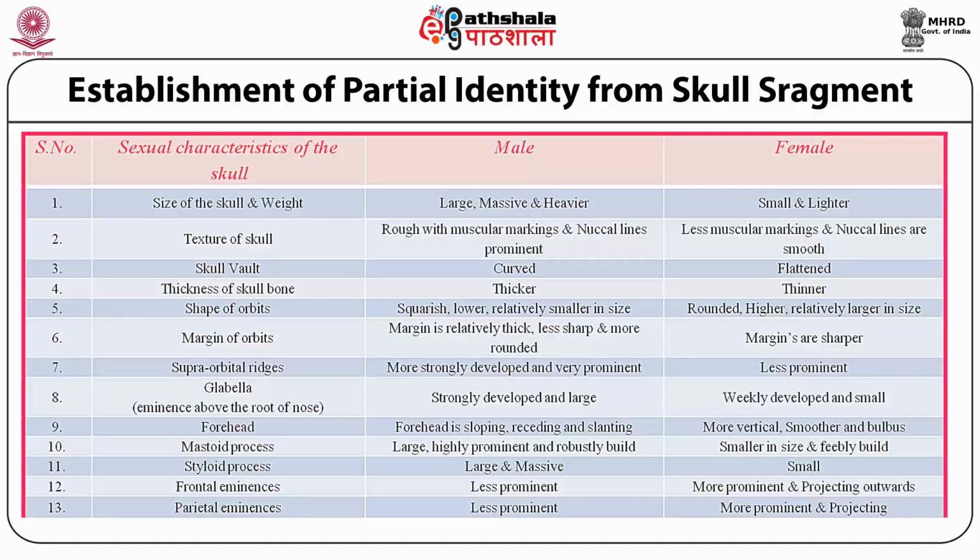Parietal eminences are also an important characteristic to differentiate between males and females. These parietal eminences are less prominent in case of males, and more prominent and projecting in case of females.